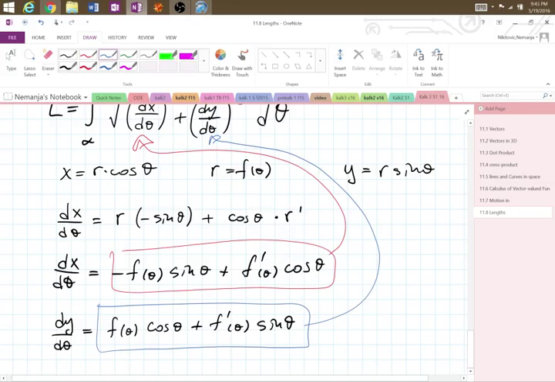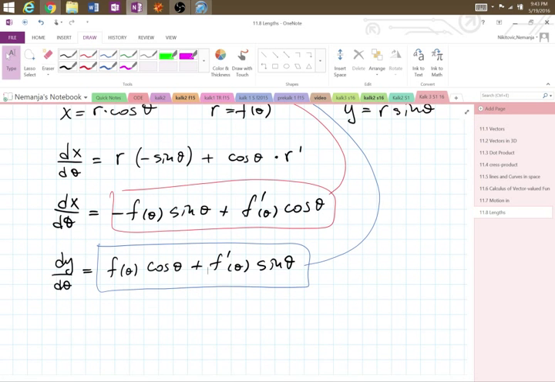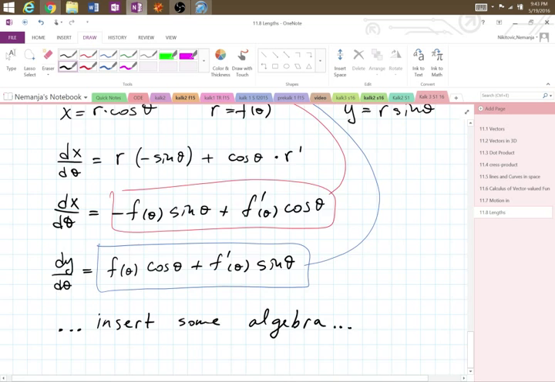Then you square them, clear all the common terms and all of that stuff. So I'm just going to say three dots, insert algebra here. There we go.